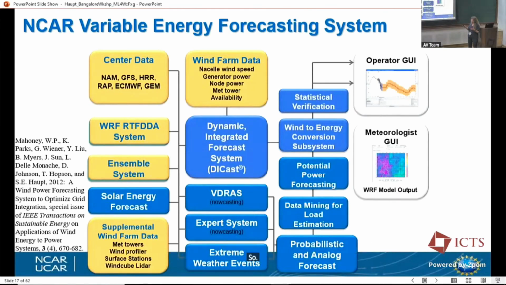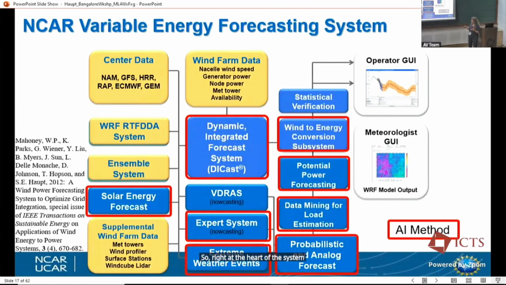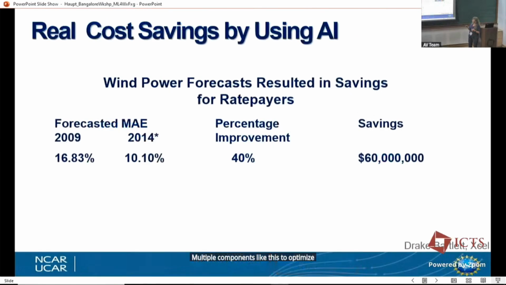So right at the heart of the system is DICast, but we have a lot of data coming in. There are other machine learning methods that I won't take time to talk about in this particular talk, but DICast has become the centerpiece of many of our forecasting systems. And you'll find that a lot of the NCAR systems have multiple components like this to optimize whatever we're forecasting for.